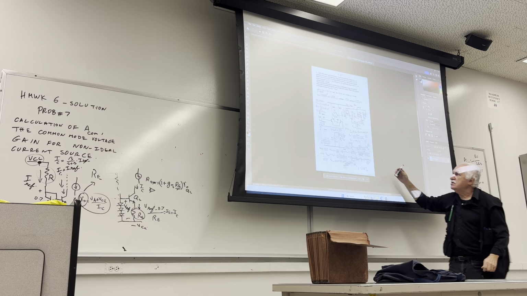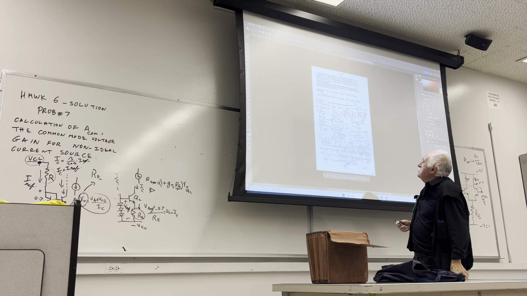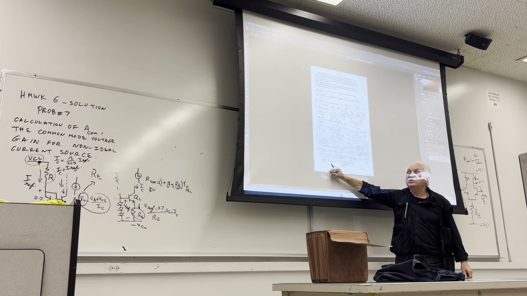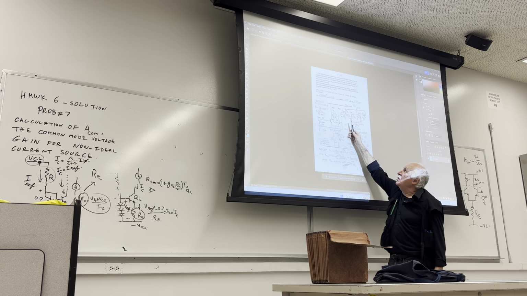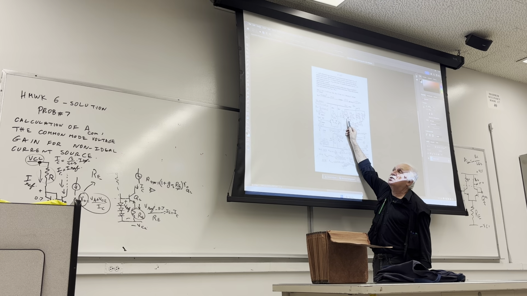So for this problem, we even have a common mode input resistance, RICM. So what is that? Whenever you're putting a voltage at a point and you see current flowing in, the ratio of the voltage to current defines input impedance.